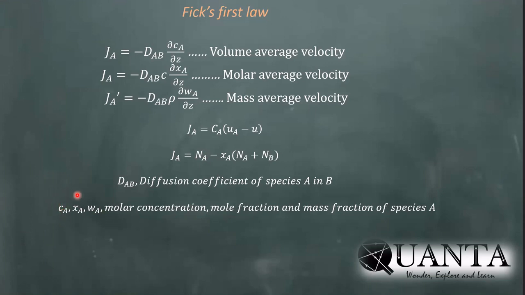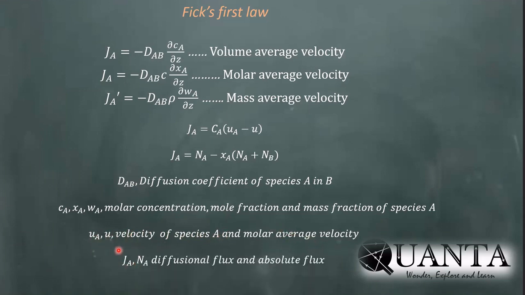This is the concentration, this is the mole fraction, and this is the mass fraction of species A in the solution. Similarly, these are the velocities of species A and the molar average velocity. The flux J_A is the diffusional flux, N_A is the absolute flux. So the point to note here: the diffusional flux is with respect to a relative velocity, while N_A is with the velocity with respect to a stationary observer.